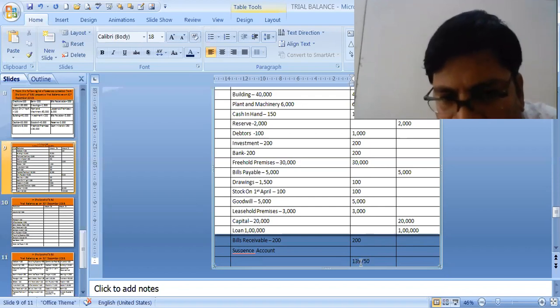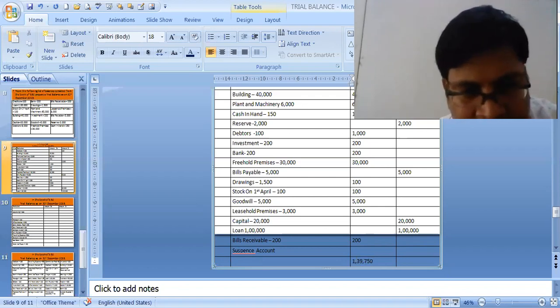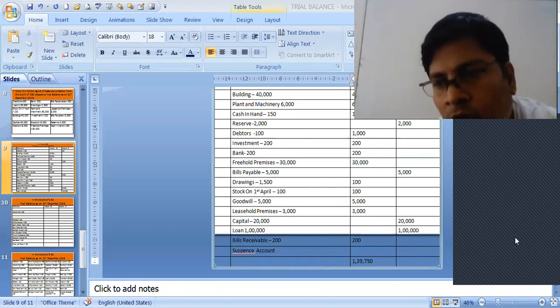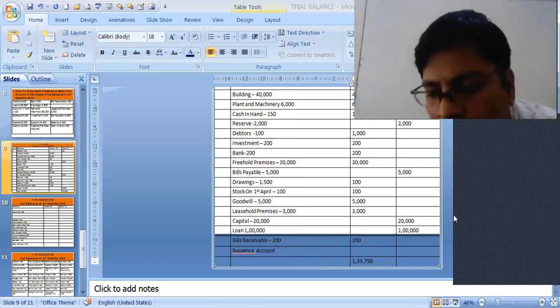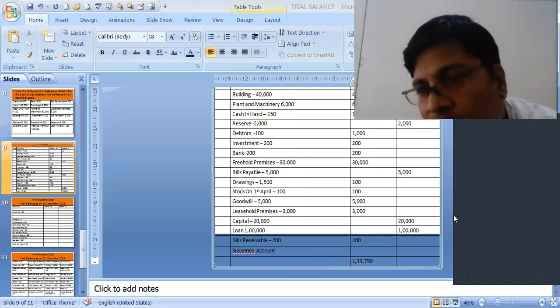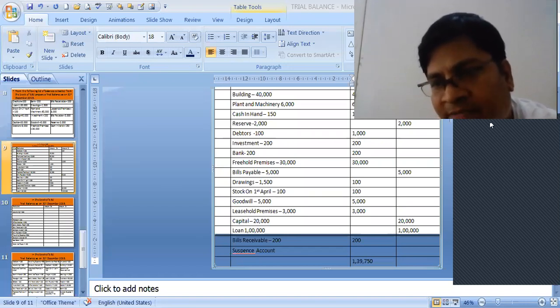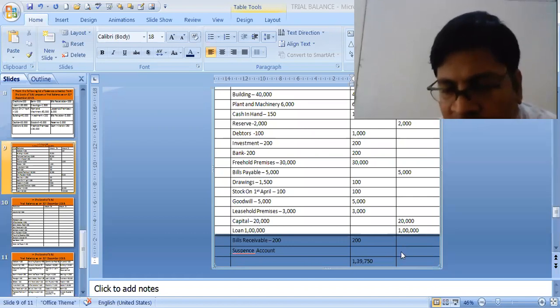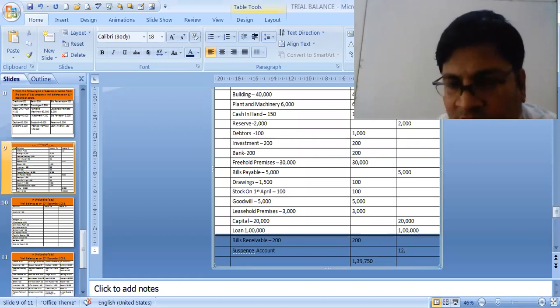And credit total? 127000. The difference is 12750. 12750 is the balancing figure. 12750 will be the suspense account on the credit side because the credit total is less.